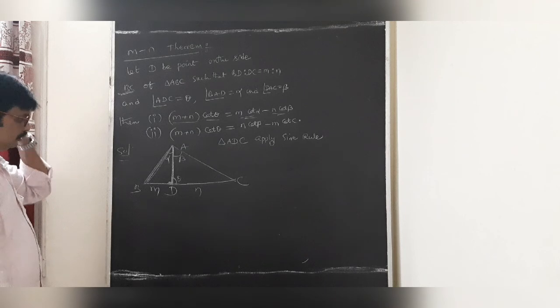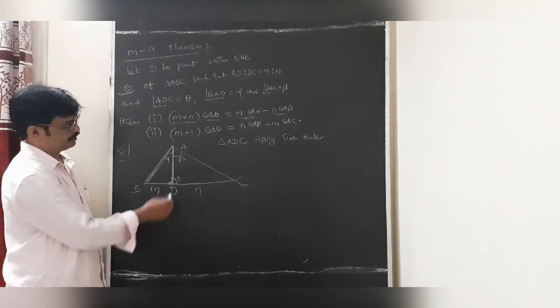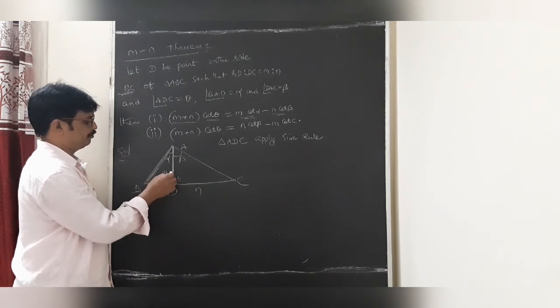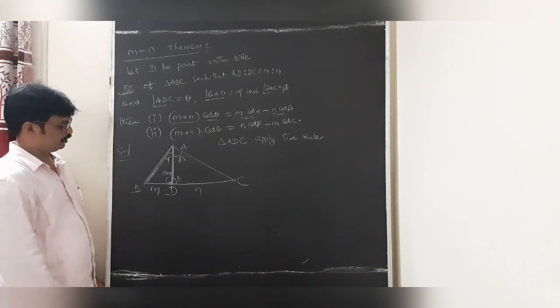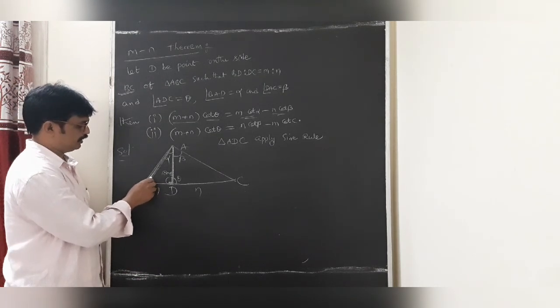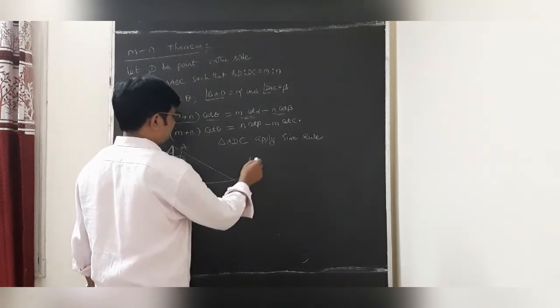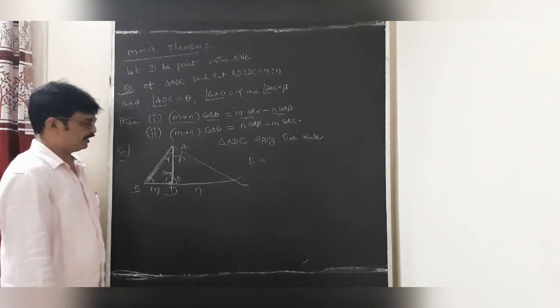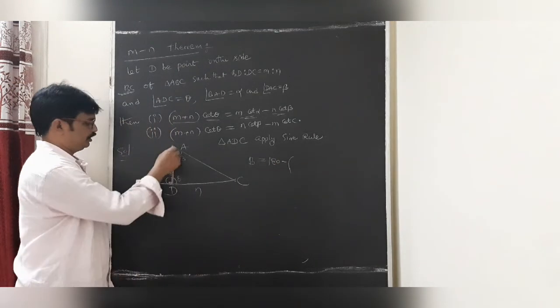Dear students, what we observe here, undoubtedly, this is theta. This is 180 minus theta. My dear students, what is the angle here? This is the sum of the angles in a triangle. The angle B can be written as 180 minus the sum of A and the other angle.